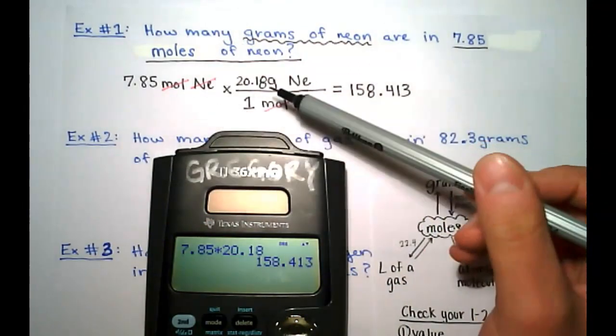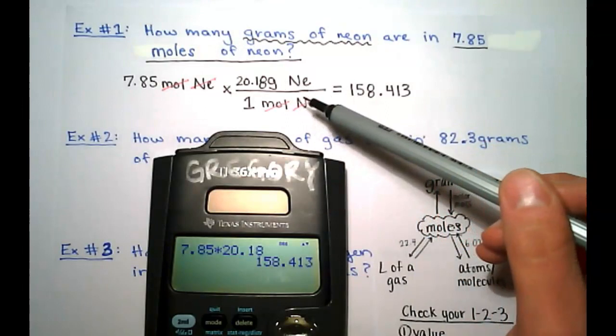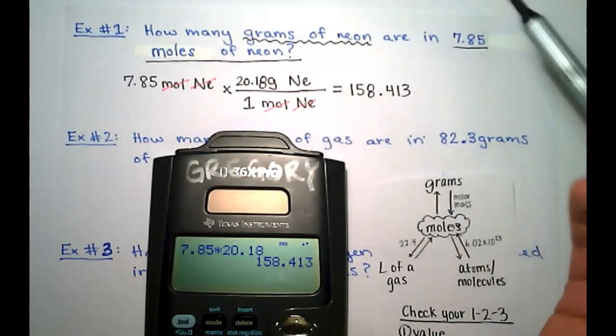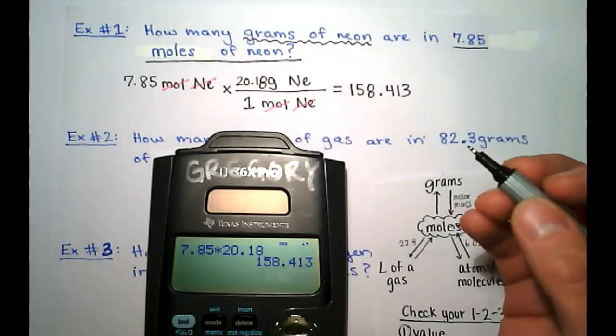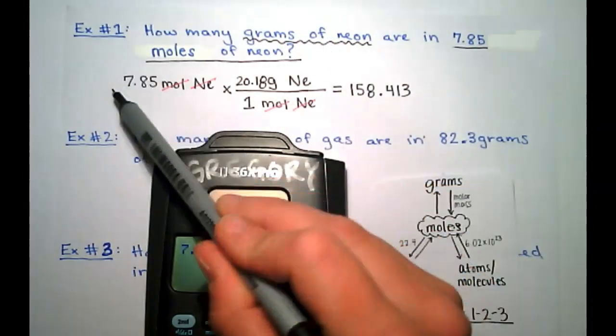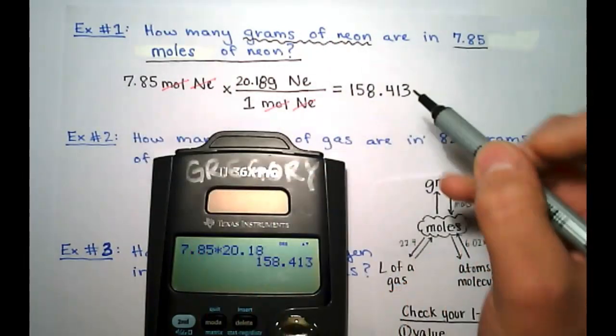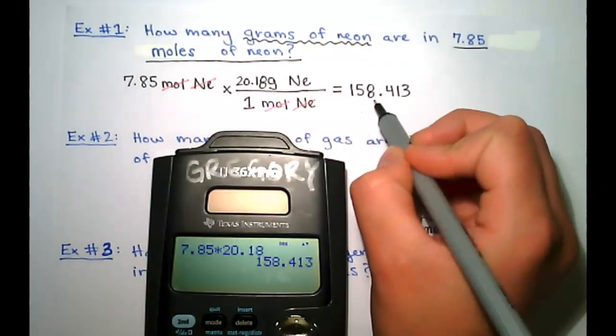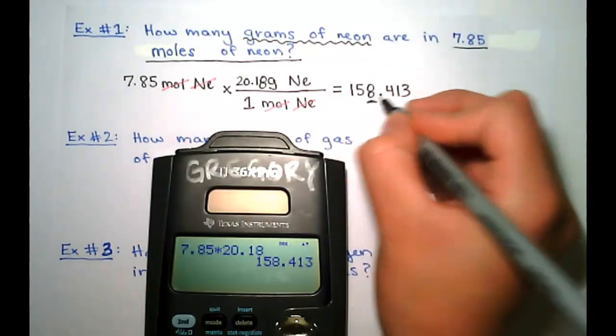When you are doing these calculations, molar mass does not count towards your significant figure rule because molar masses are considered to be exact values. So we're going to round this to 3 significant digits.